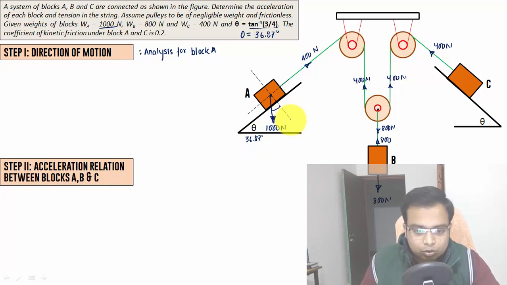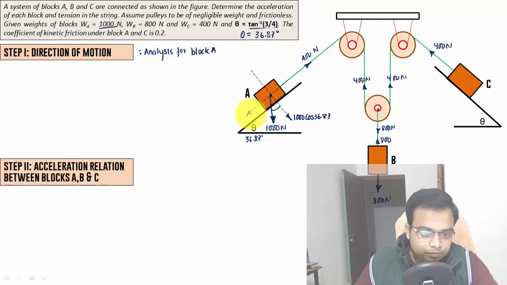The cos component will be along this direction, so this is going to be 1000 cos 36.87, and over here we'll have the sine component, 1000 sine 36.87.